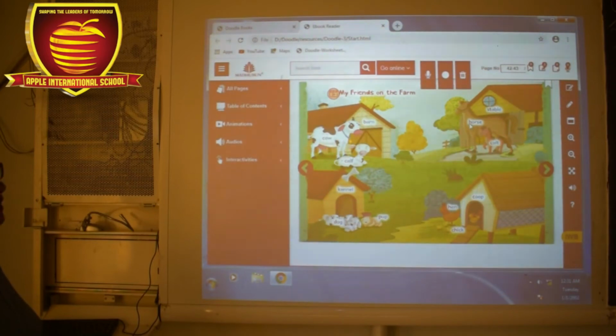Now see HORSE, horse. Horse is very useful in our field works. Its baby is called COLT, colt, and horse lives in a stable, STABLE, stable.